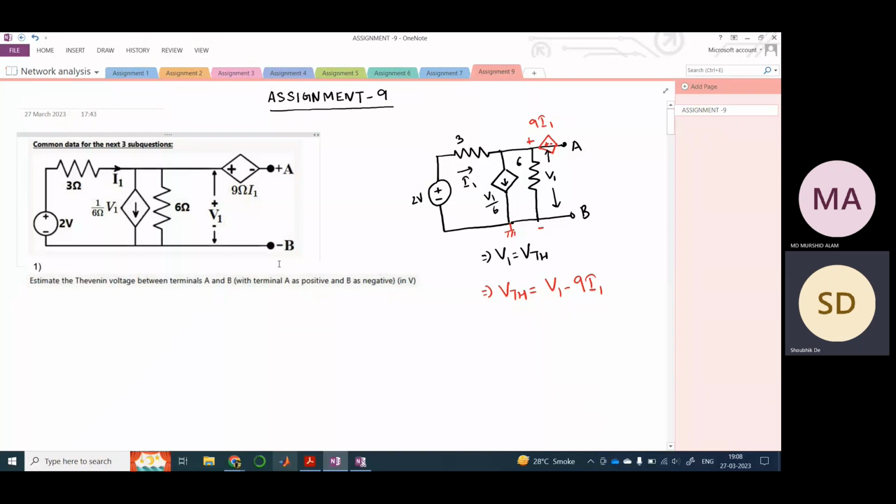So we'll try to solve this as quickly as possible. So now just concentrate on the initial circuit. If we just ground this terminal, and we apply KCL across this node, let us say this is node number 1.